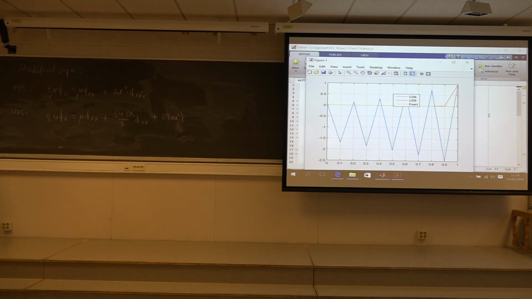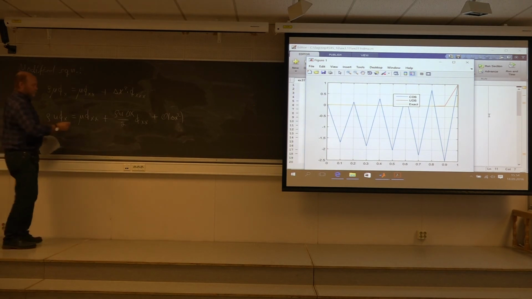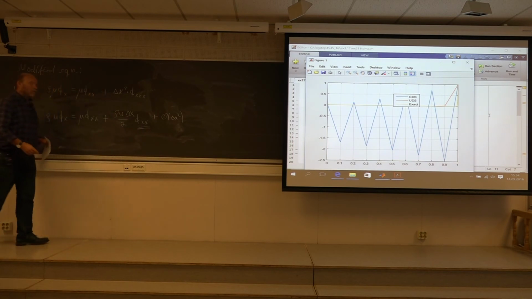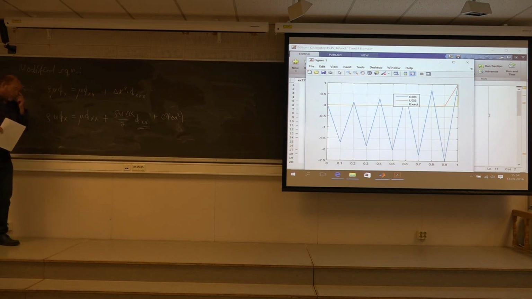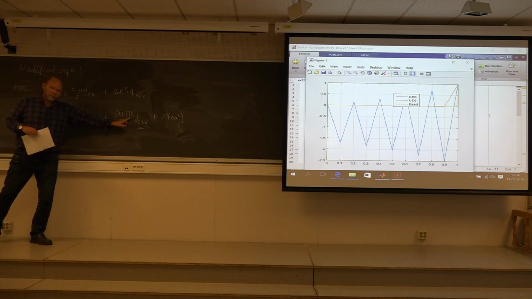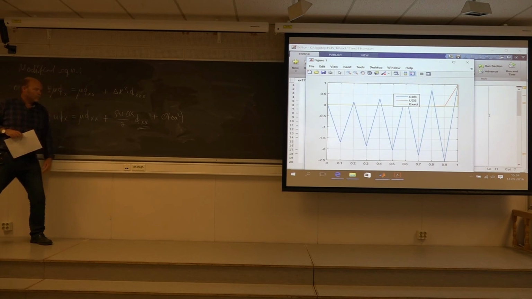So with the upwind scheme, you have an extra term, also a double derivative. Well, the scheme is still consistent. Take the limit as delta goes to 0, you get back the original equation. That's okay. So it's a consistent scheme, but it's only first order accurate. The first error term is of the first order.